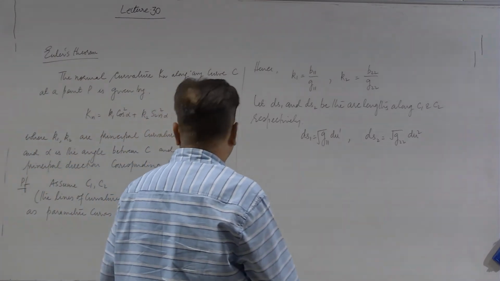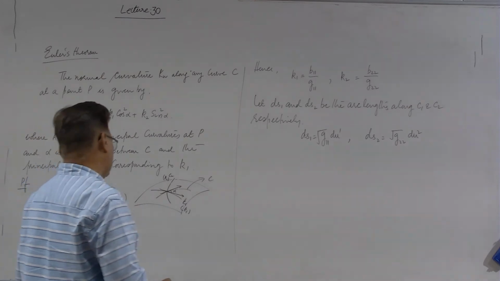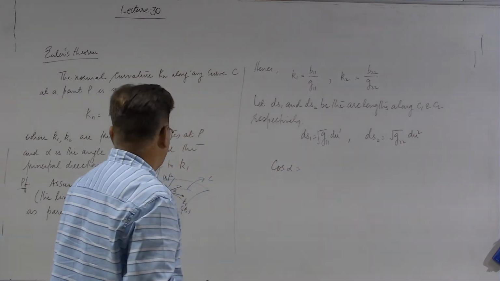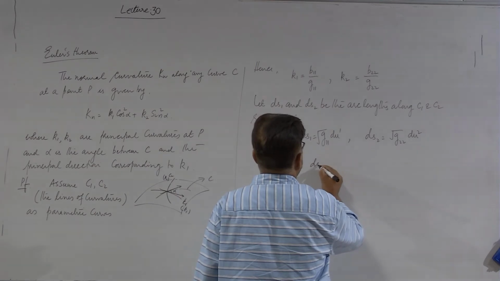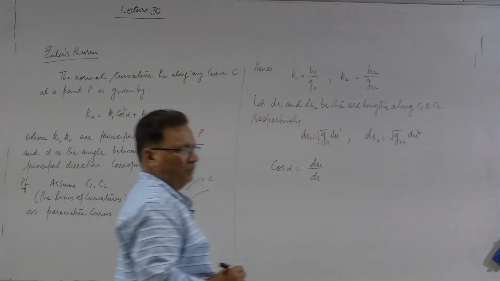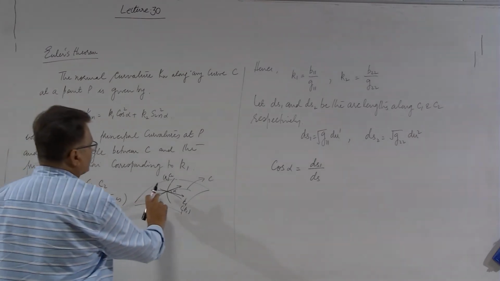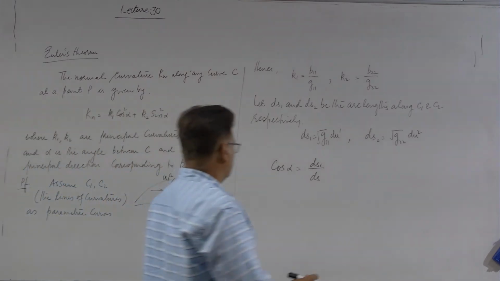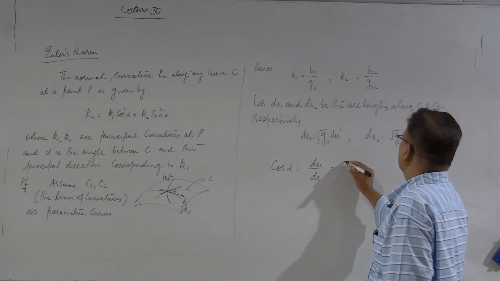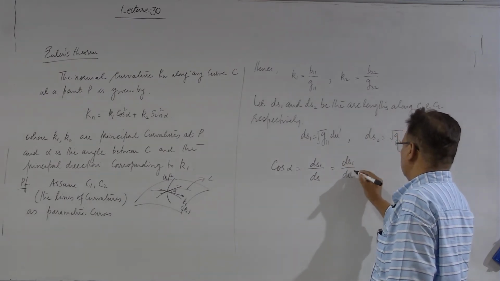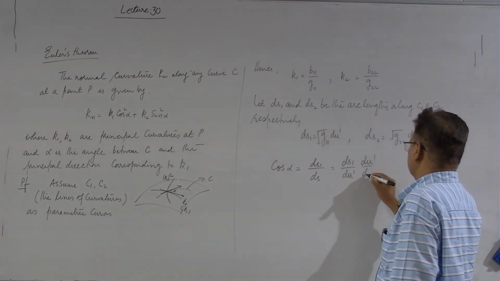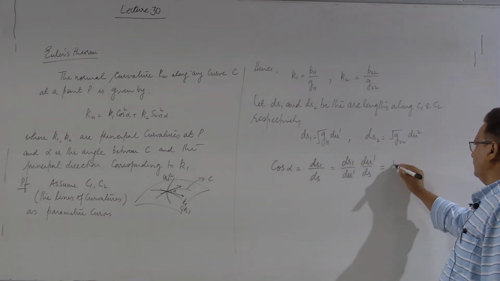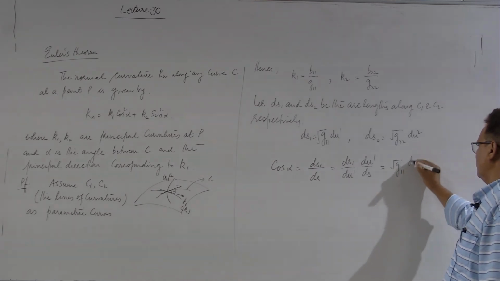Now, cos alpha: I have shown this angle, so you can see cos alpha is ds1 over ds, the length along C 1 divided by the length along C. This can be written as ds1 upon du1 into du1 over ds, and ds1 upon du1 is under root g11, so cos alpha is under root g11 into du1 over ds.